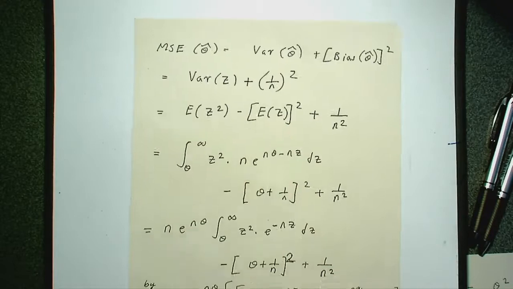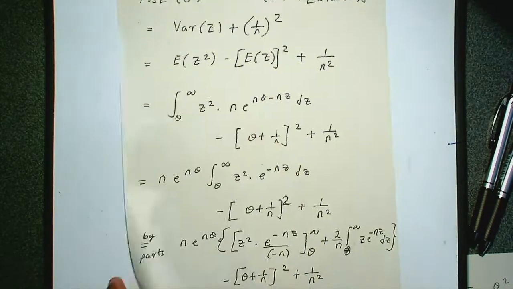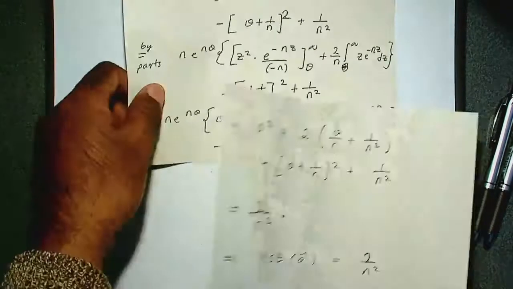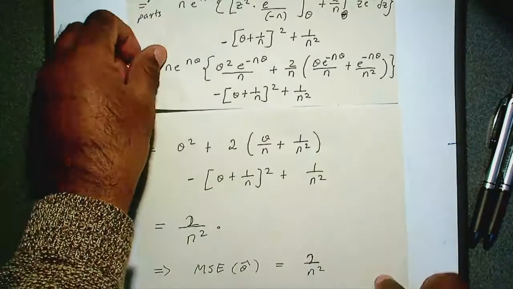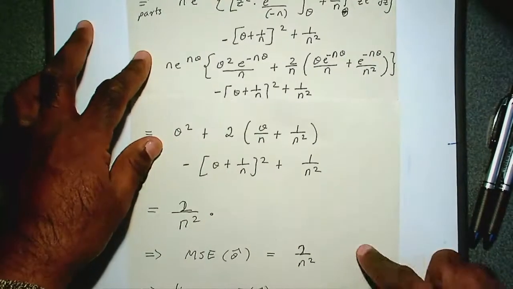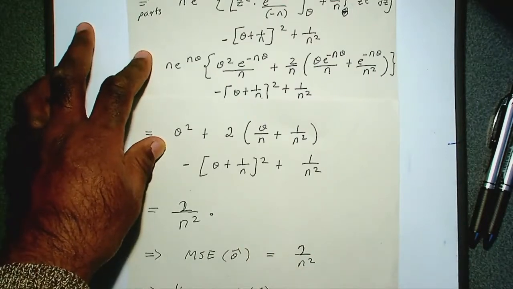Each of these involves integration by parts, and you have to do all the complicated stuff. After doing all of that, you will get to this, and the MSE turns out to be 2 divided by n squared.